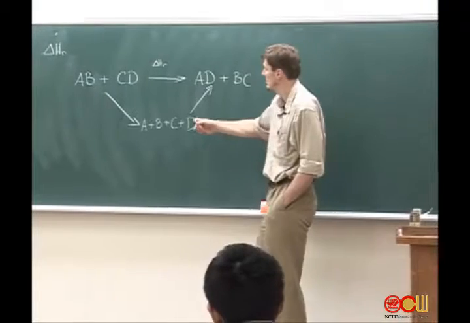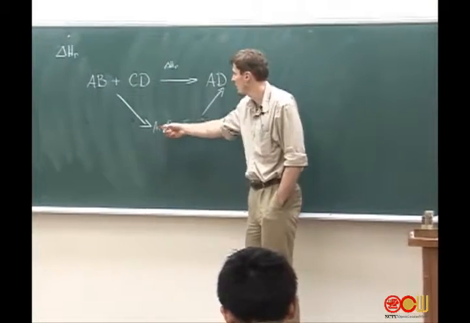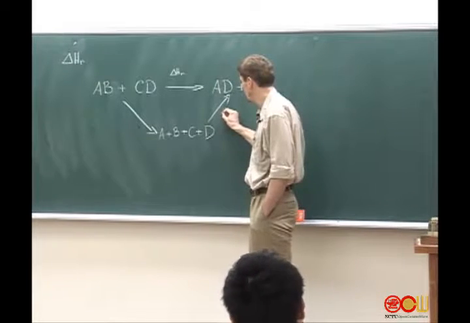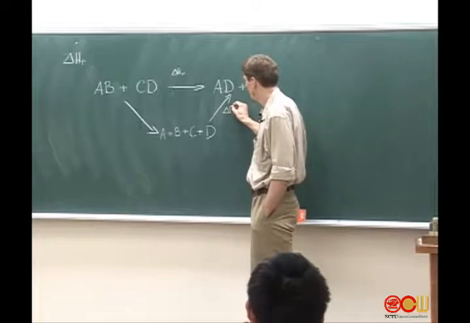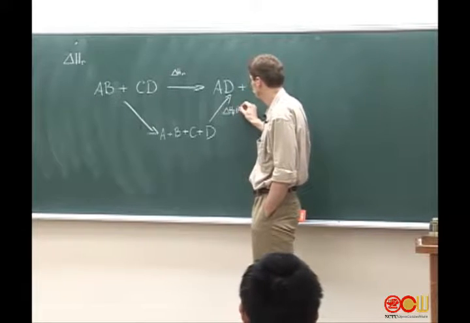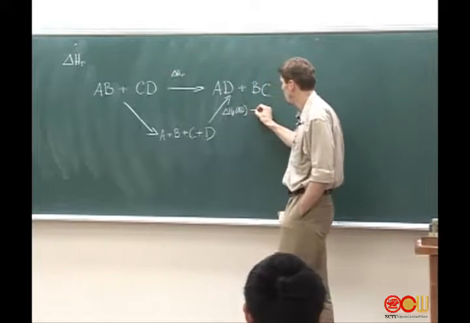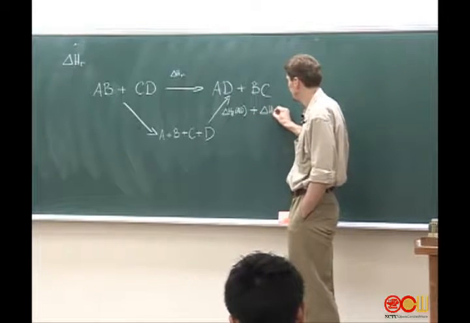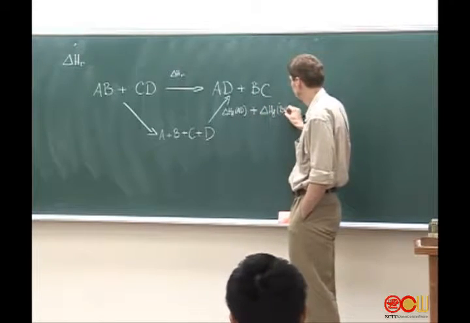You clearly see that coming from here to here, I'm just creating AD. So this one would be enthalpy of formation of AD. And I'm also making BC, so plus enthalpy of formation of BC.